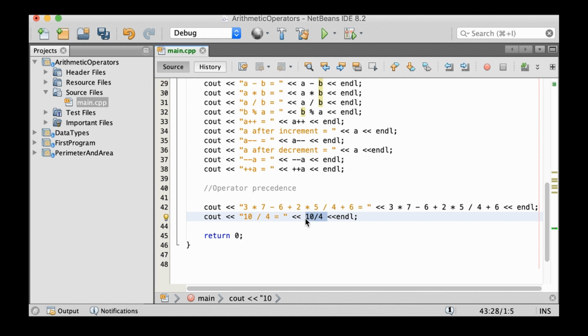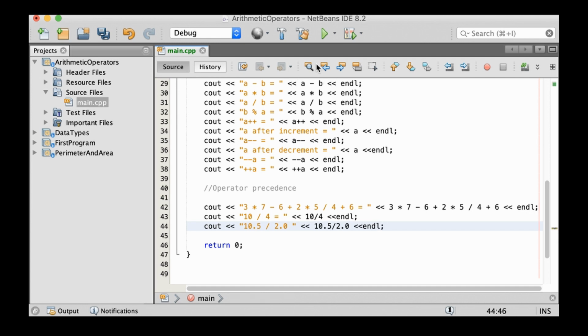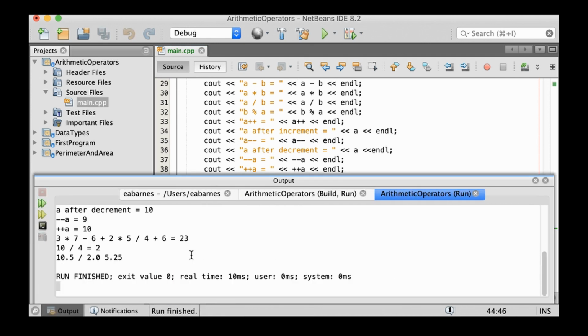Now, supposing that we had cout 10.5 divided by 2.0, then you are going to get a floating point result.